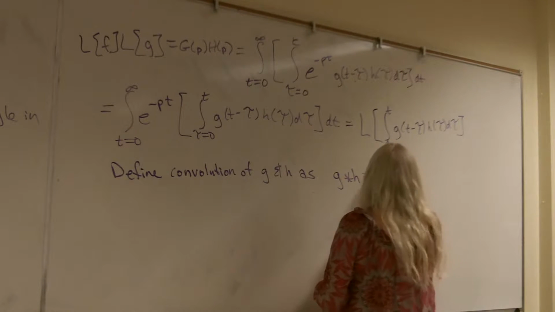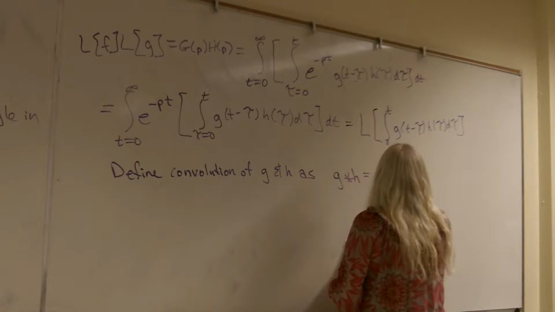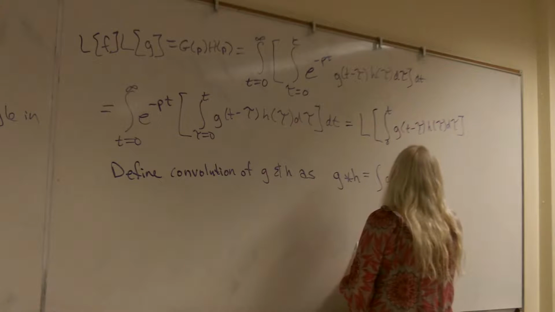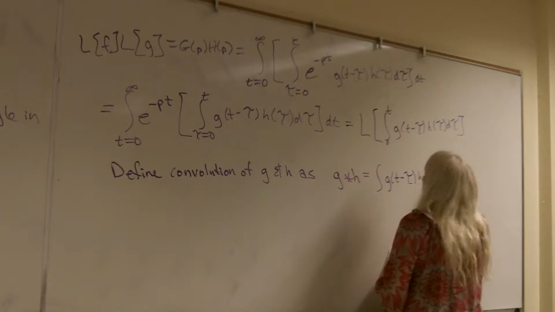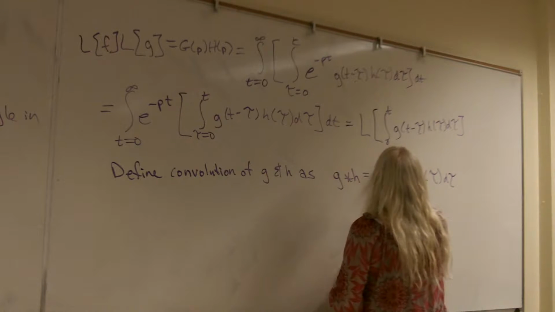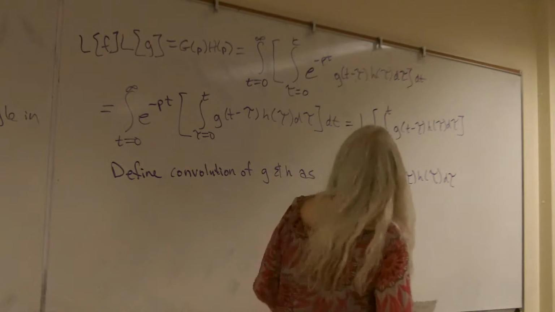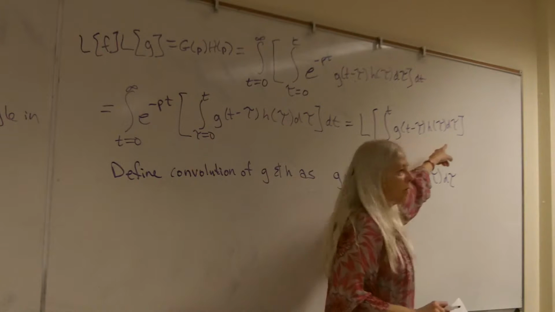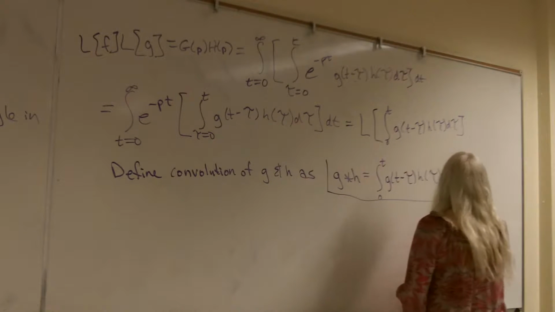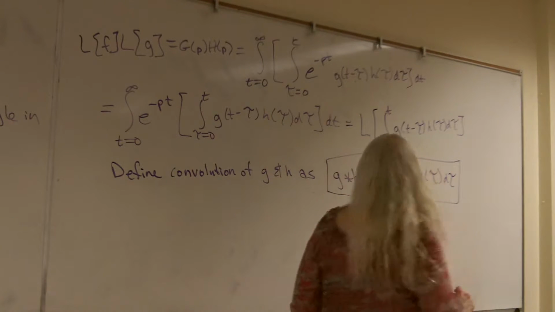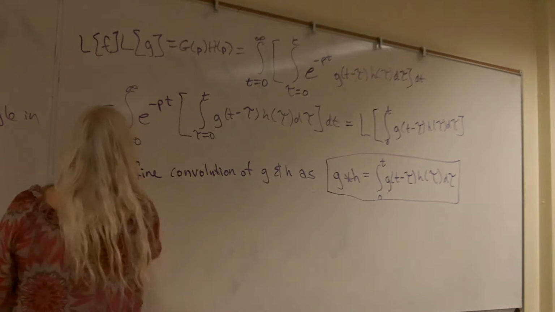And this is going to be defined as the integral of g of t minus tau times h of tau d tau with limits from 0 to t. In other words, it's the quantity that we have in square brackets up here. So this is the convolution of the two functions g and h. That's how it's defined.